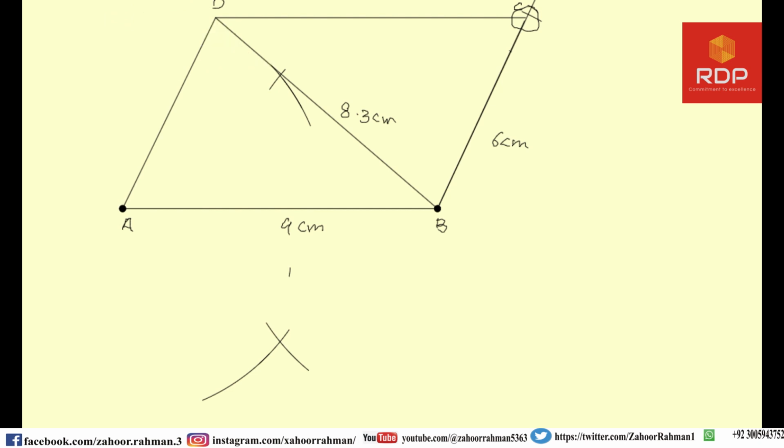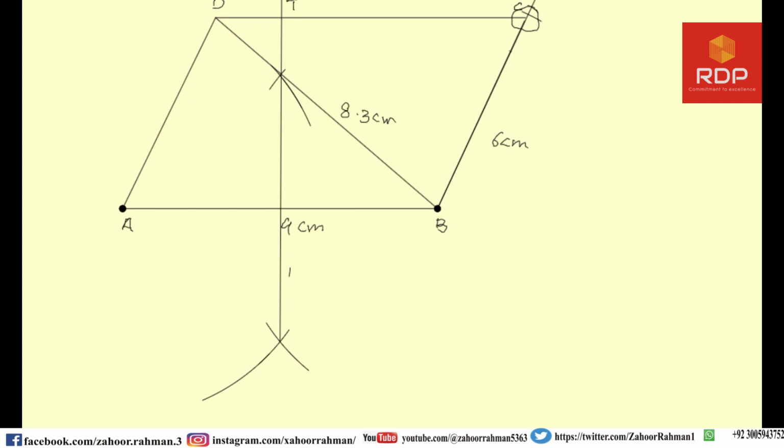Next we have to draw a line from here. We have to draw a line which is cutting these two lines, this one and this one, and this will cut the line at T.